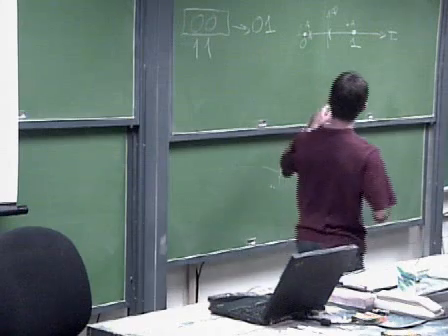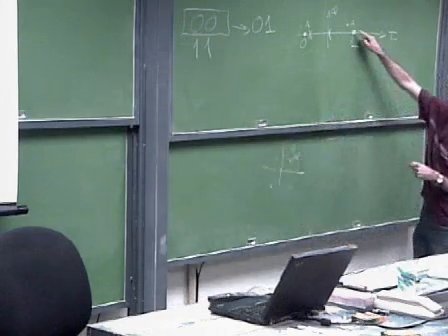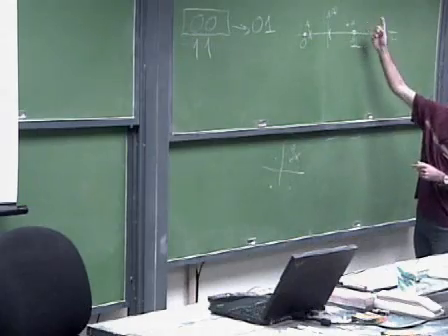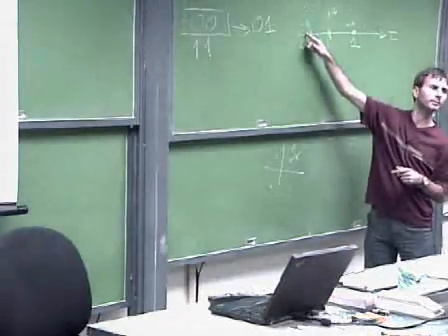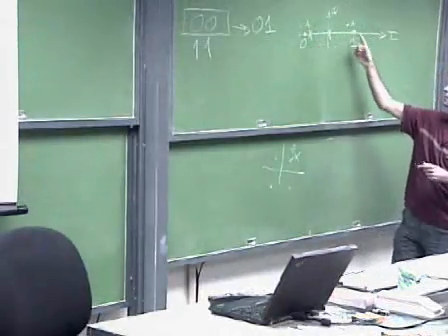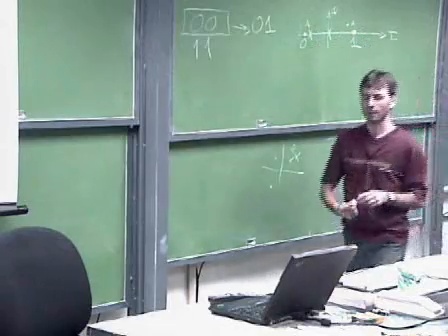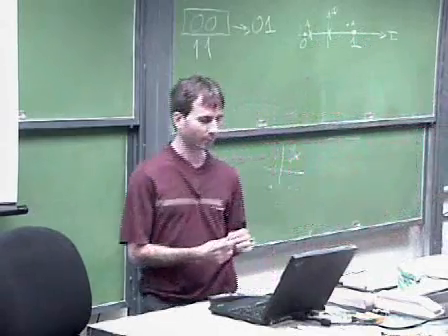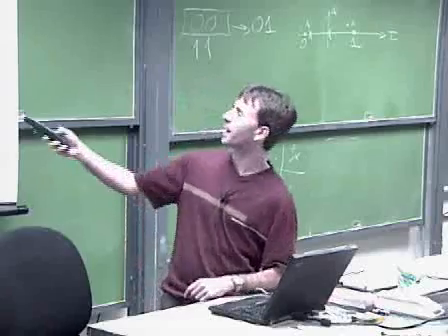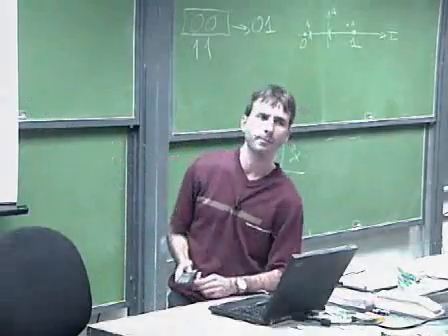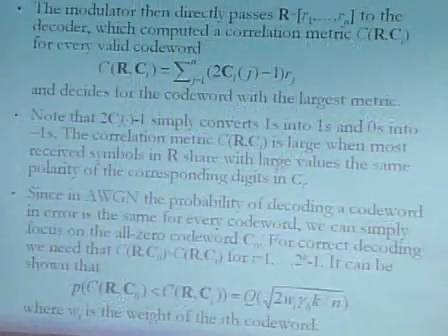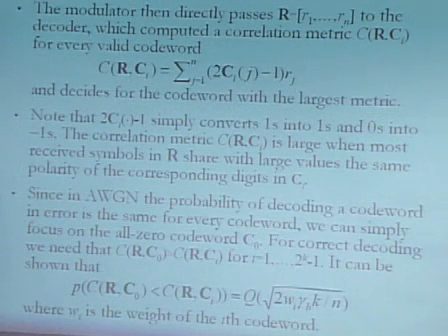We map the ones to this point with amplitude 1 and the zeros to minus 1. The amplitude really is irrelevant here. Then we multiply these by the corresponding received values, add up over all the positions, and pick the one that's the largest, right?